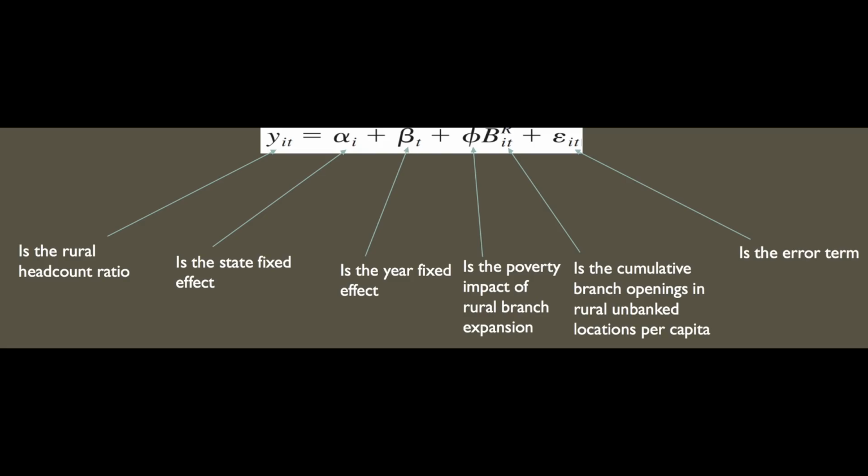So basically what you see in the equation here is the rural headcount ratio, the state fixed effect, the year fixed effect, and the poverty impact of rural branch expansion. And you see the cumulative branch openings in rural unbanked locations per capita. And then you also have the error term.